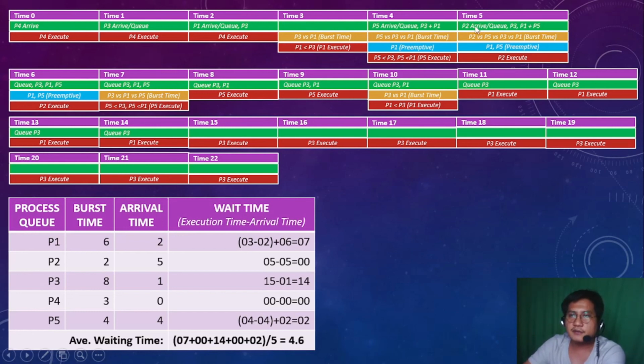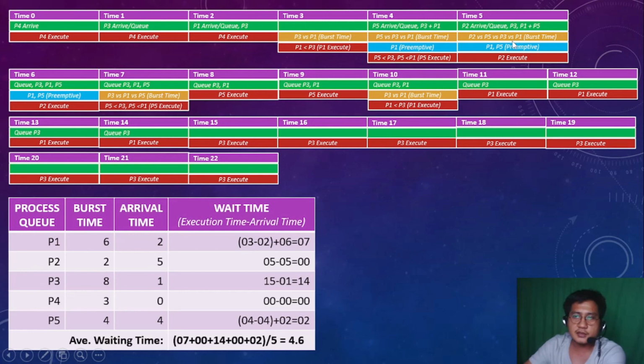And then on time 5, another process has arrived in the queues, and that is process 2. Now since it happened, the burst time of process 2 will be compared to the burst time of process 5, process 3, and process 1.